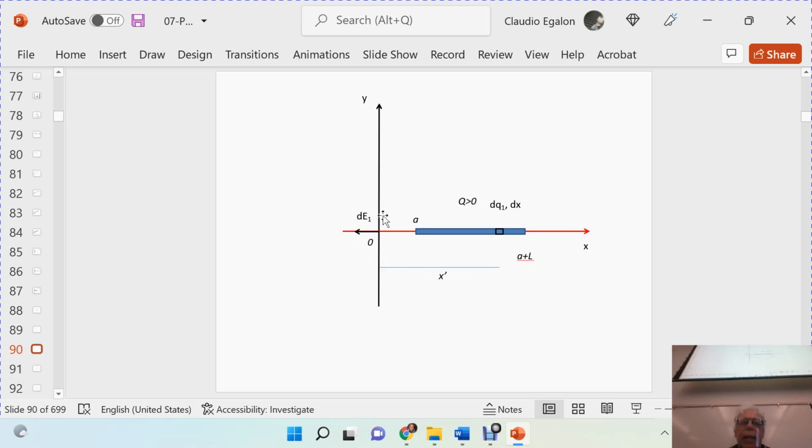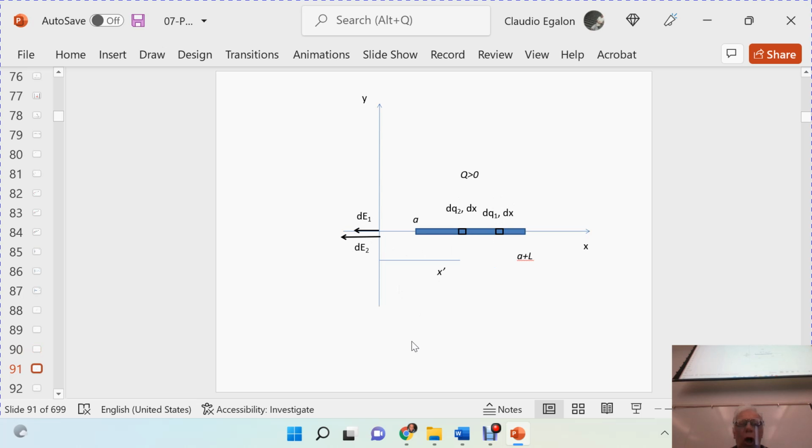Find the net electric field at this point, at the origin of the axis. Do you see my infinitesimal charge right in here? I illustrated it as this square here. This infinitesimal charge is providing an infinitesimal electric field at this spot.